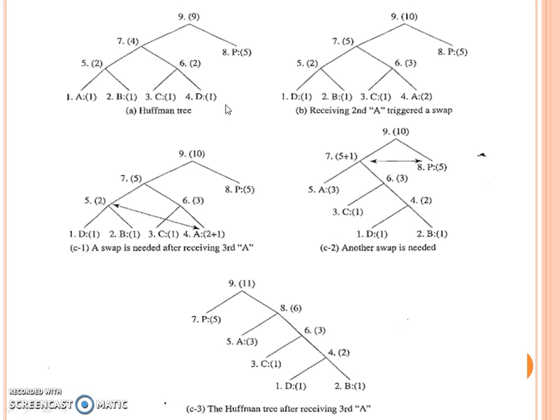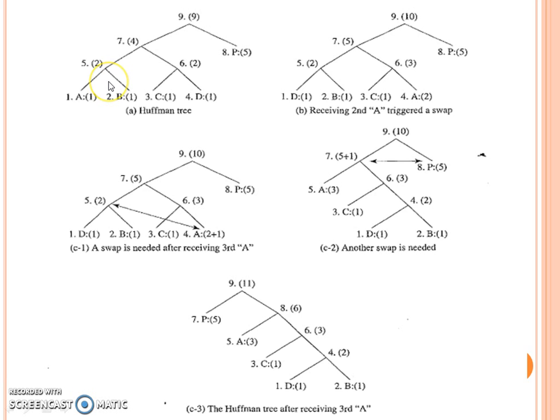Now consider one more A arrives, meaning we are receiving the second A now. We already have A and we are receiving the second A. So the frequency of letter A now becomes 1 plus 1, 2.